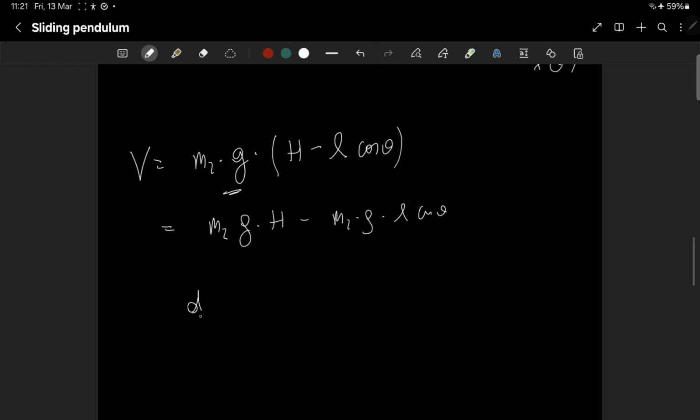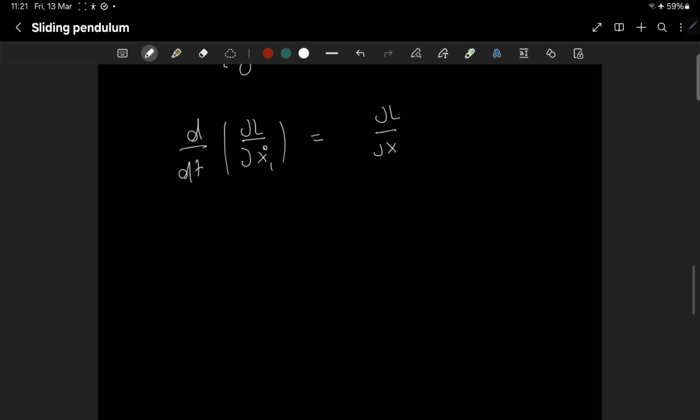So we have d by dt partial L with respect to partial x1 dot is equal to partial L by partial x. And then we have the second Euler-Lagrange equation, which is d by dt partial L partial theta dot is partial L by partial theta.